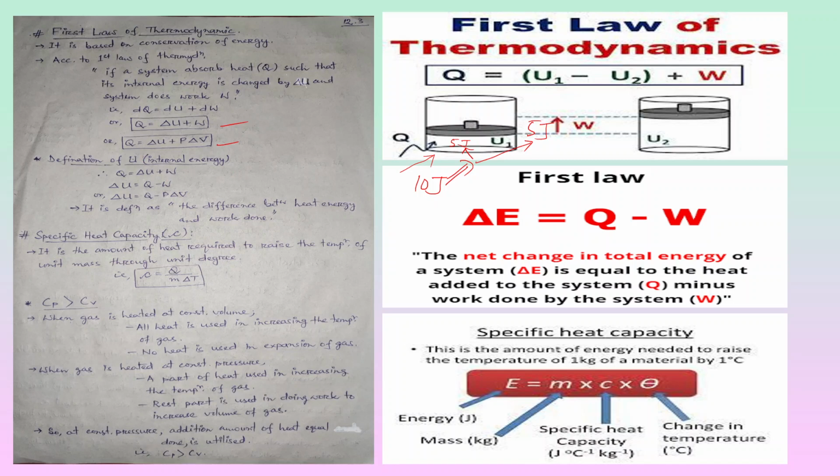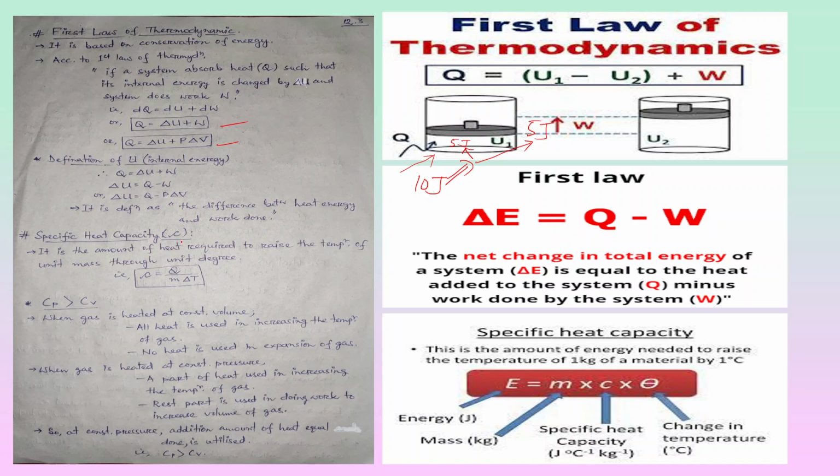Here you see internal energy is the difference of the absorbed heat and work done. So internal energy is also defined as the difference between heat energy and work done.